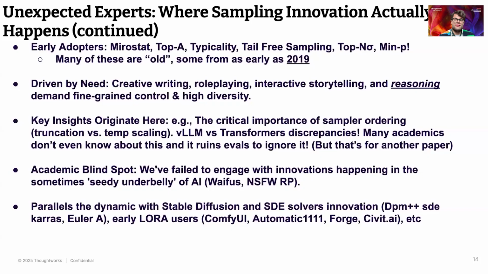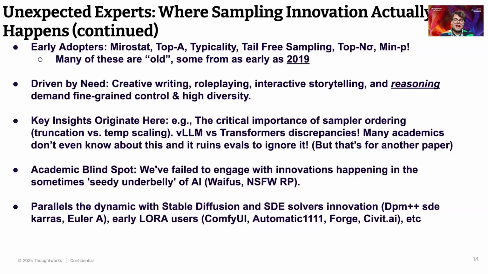Because, for example, Hugging Face and VLLM, two of the most important inference engines, which are powering experiments in papers and sometimes aren't even being reported which one is being used, have an opposite order in: do we apply temperature and then run a sampler like top K or top P, or do we run the sampler first and then apply temperature? And that has massive impacts, so extreme on your outputs that I can't overstate it enough.